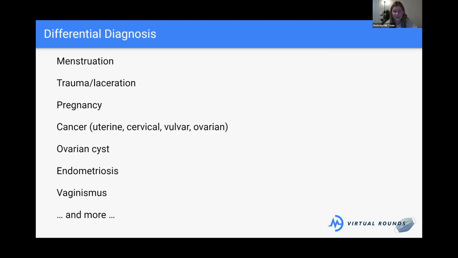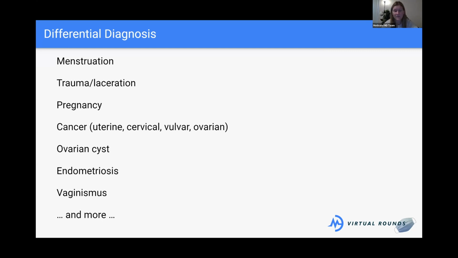Cole was right on track that depending on how long it is, it could just be menstruation or spotting. If it's directly after sex, maybe it's a trauma or a laceration to the area, like the vaginal introitus, if there's not enough lubrication or if there's tearing, things like that.